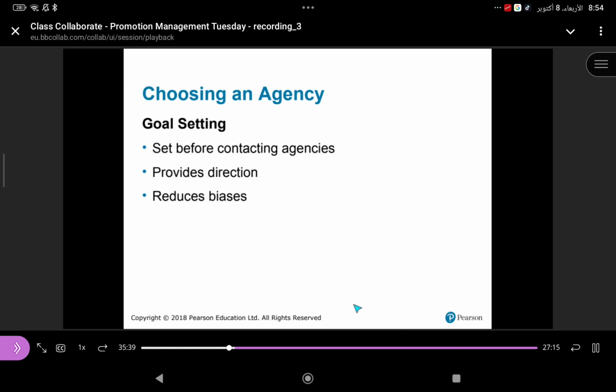Now, there are certain things related to goal setting when the organization or any company wants to set any goal. They try to choose an agency, set goals before contacting agencies, provide directions and reduce biases.